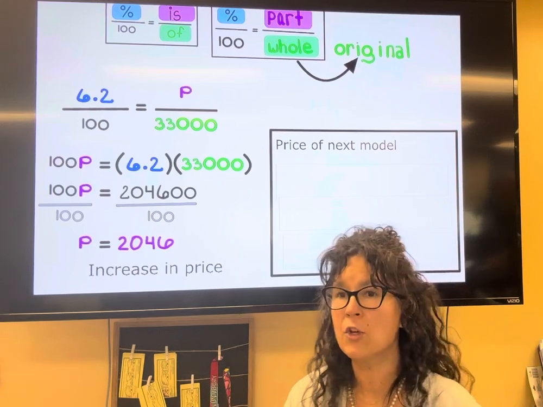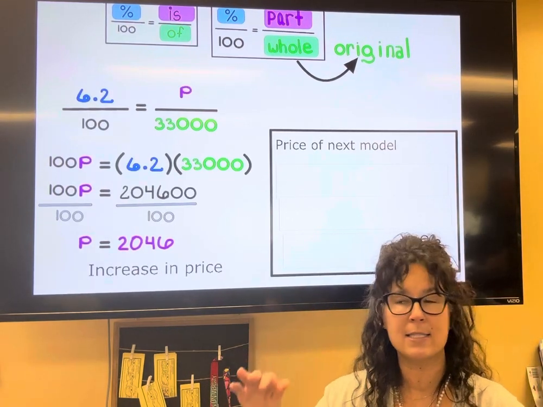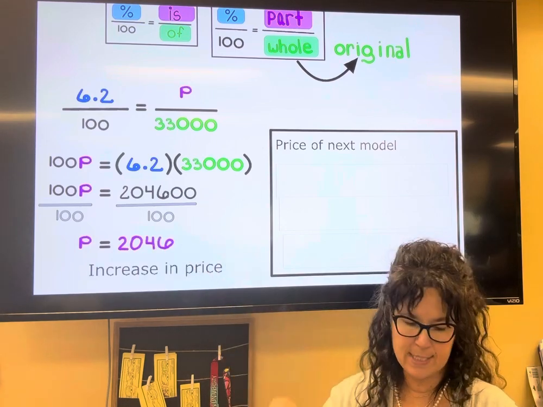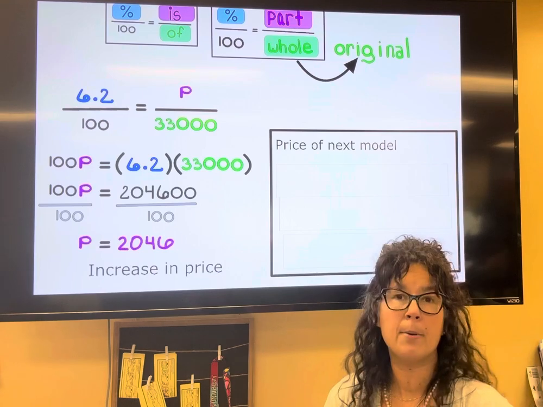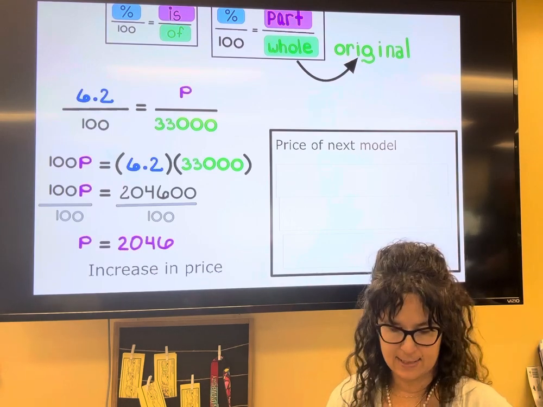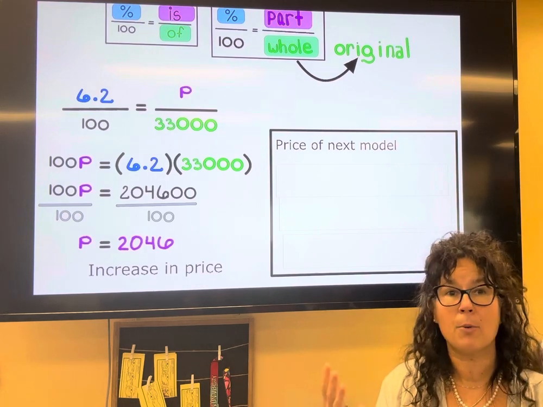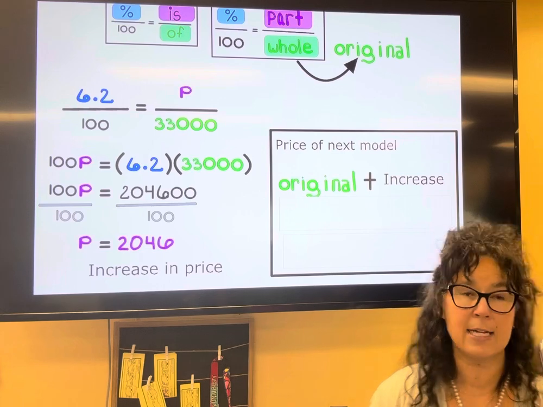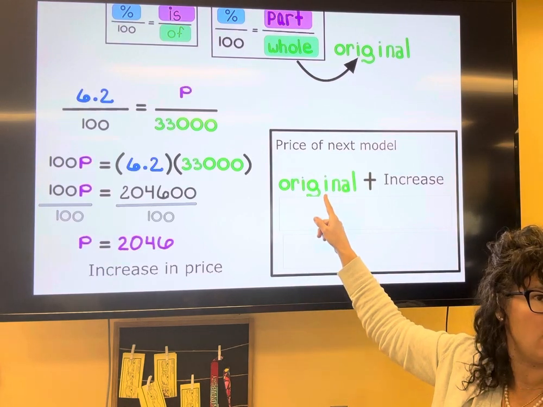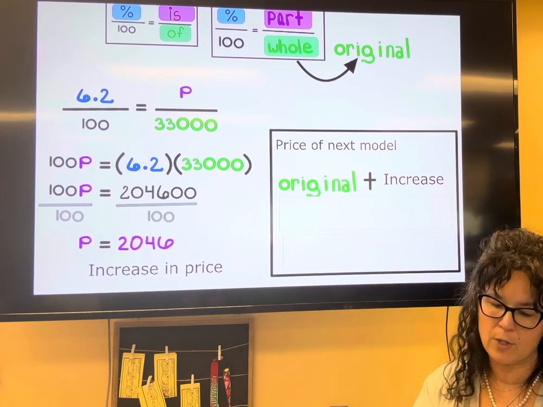For this particular one, it would like you to say what is the amount of money that something is going to go up or down. So we're starting with the price of the car is going to go up 2,046. And then it wants us to say, well, what is going to be the price of the next model? So in this one here, the price of the next model is going to be that original plus how much money it increased by.